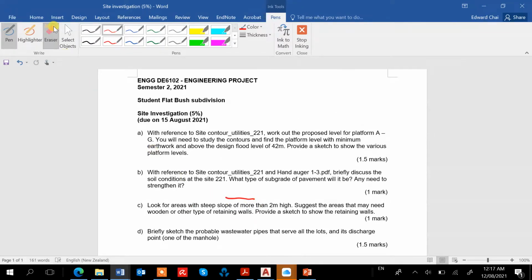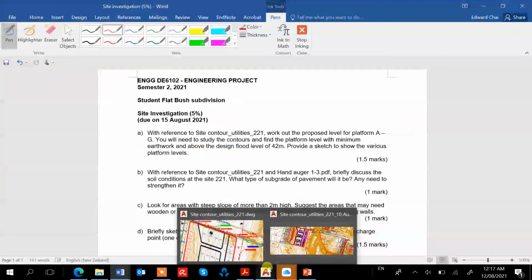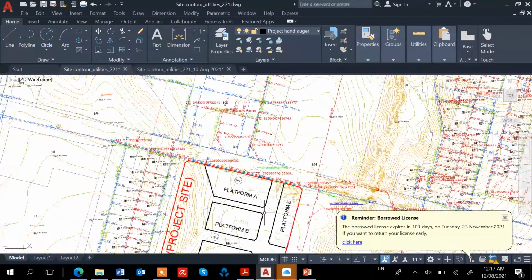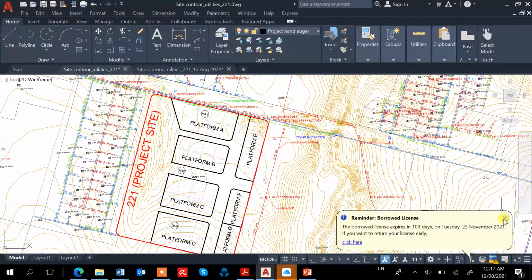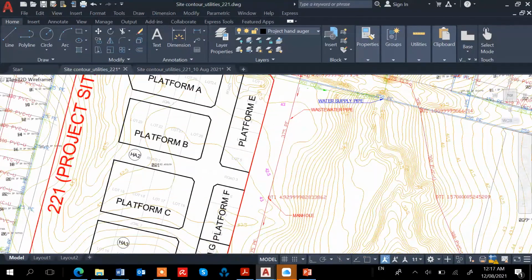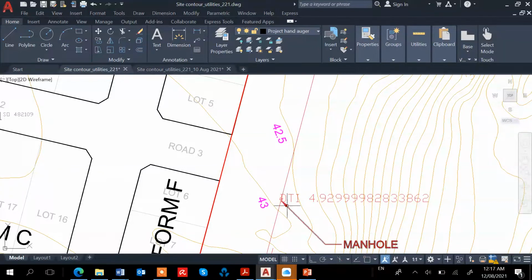This wastewater pipe, or just the sewer pipe, that's a similar thing. Okay. So what we can do is find the manhole level. We just draw a line first.